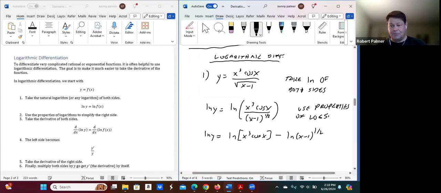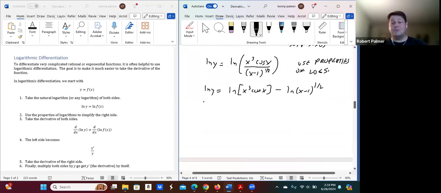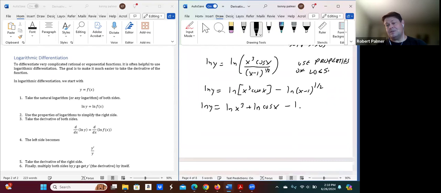Now keep simplifying. This looks familiar from an algebra class. I can use another property of logarithms to break this up: the natural log of x cubed plus the natural log of the cosine of x, minus the natural log of x minus 1 to the 1/2.